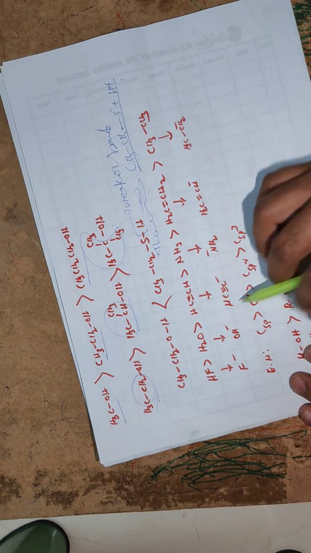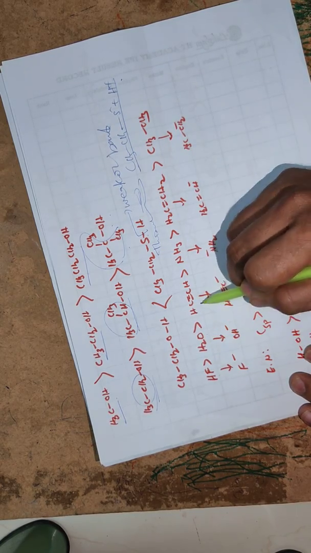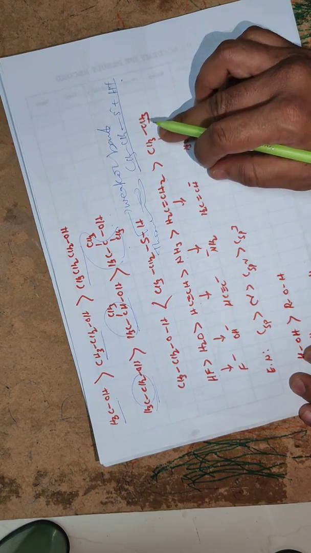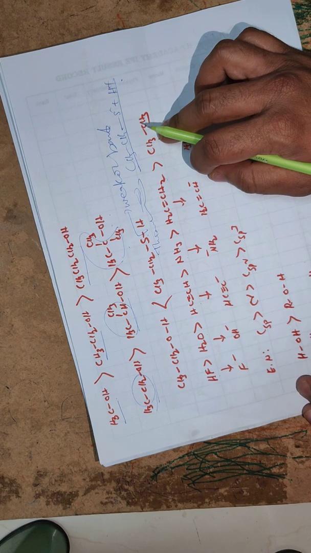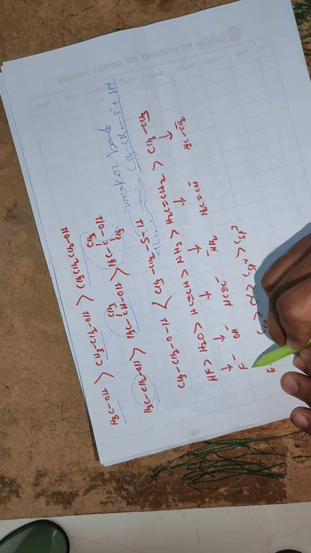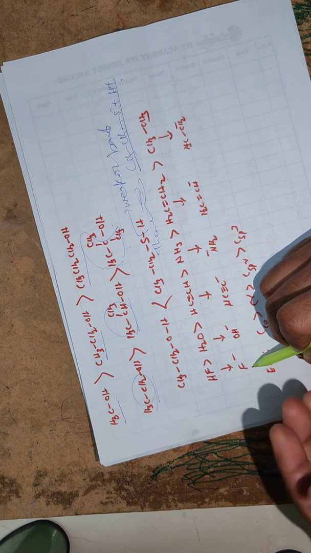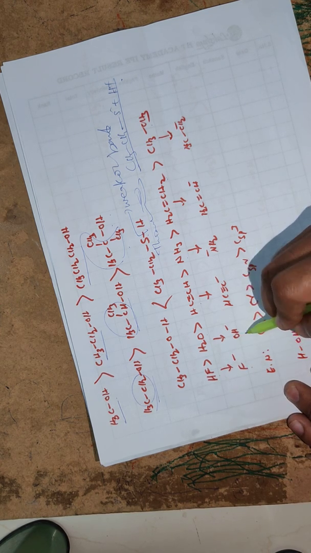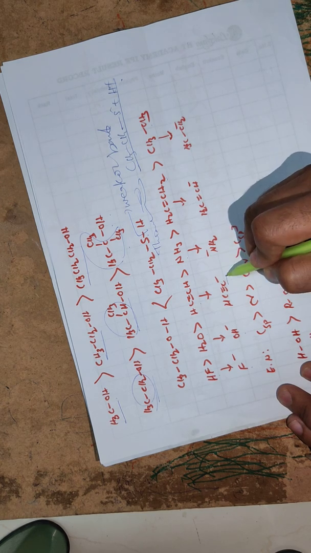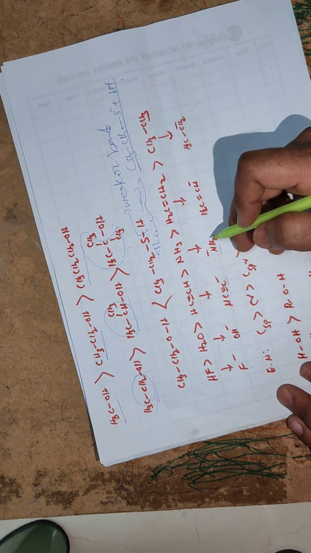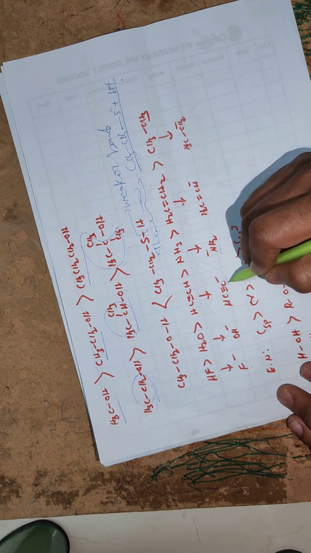So next, another one: H of H2O, acetylene, ammonia, ethylene and ethane. Its acidic nature order. Of course it is explained on the basis of the stability of the conjugate base. F minus is more stable because fluorine is a more electronegative element, so it can bear the negative charge. And next oxygen, and then carbon, nitrogen. Between these two, generally nitrogen is more acidic, but here this is an sp carbon.